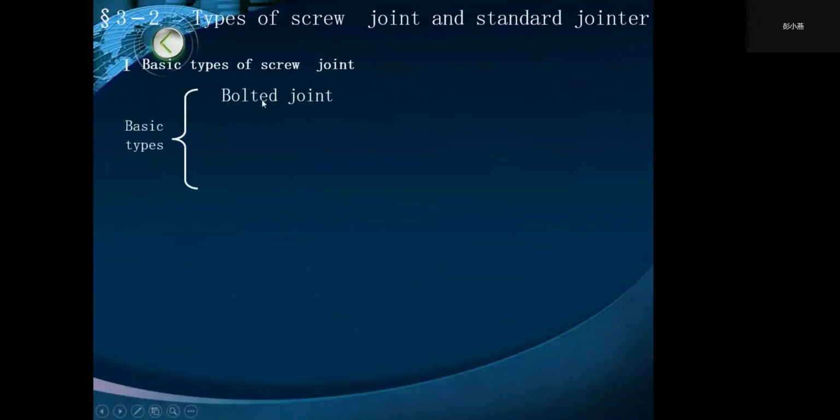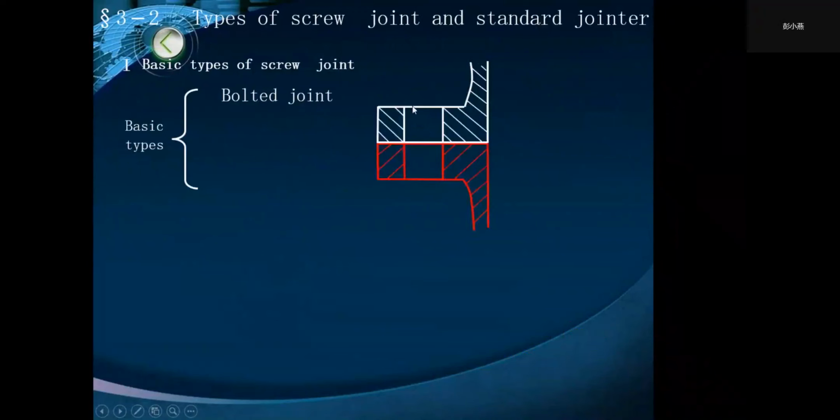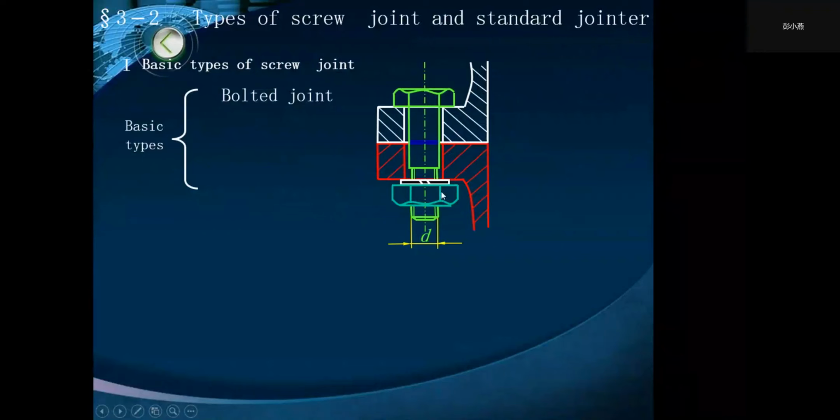First, the bolted joint. The bolted joint is designed to let a bolt pass through holes in mating members and be secured by tightening a nut from the opposite end of the bolt.